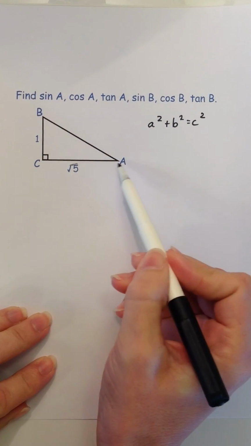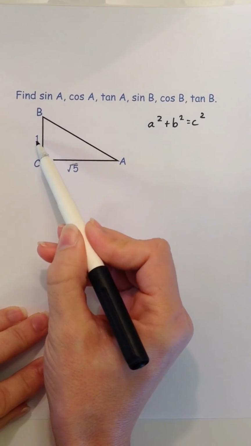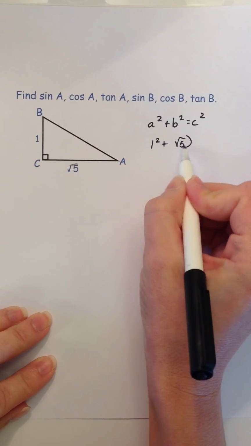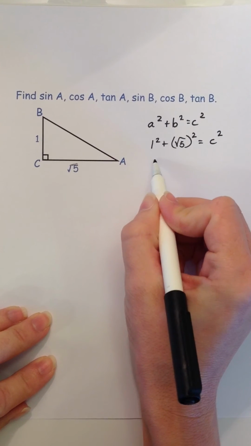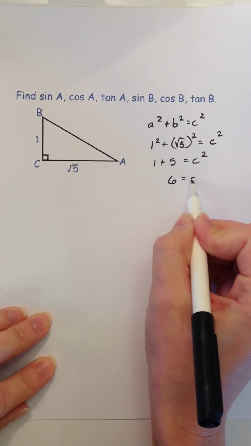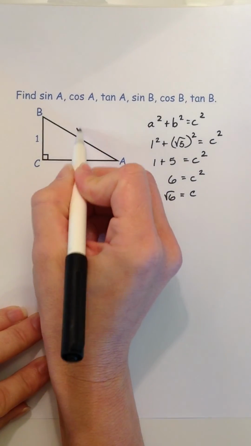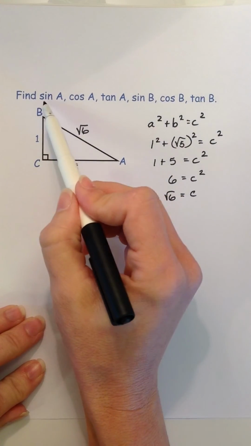This being angle A this time, the side opposite is 1, so 1 squared plus square root 5 squared is equal to C squared. So that would be 1 plus 5, which gives us 6. So C is going to be square root 6. That's the missing side.